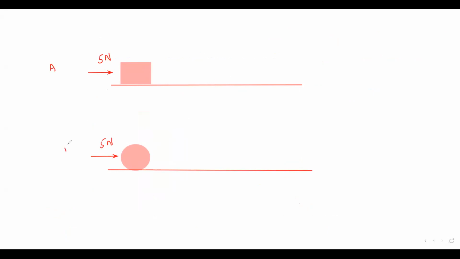Student A applies a force of 5 Newton, student B also applies the same force, and moves this object to a distance of 2 meters. This also moved to a distance of 2 meters.